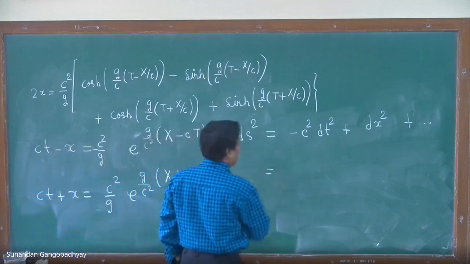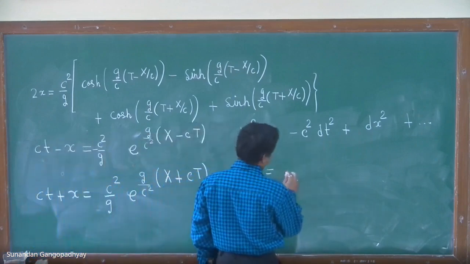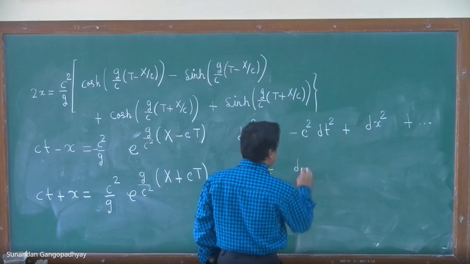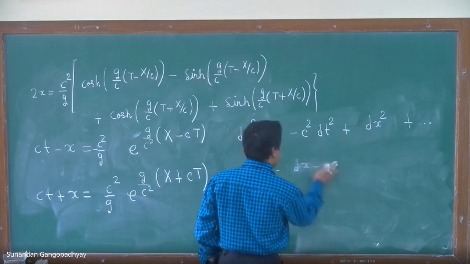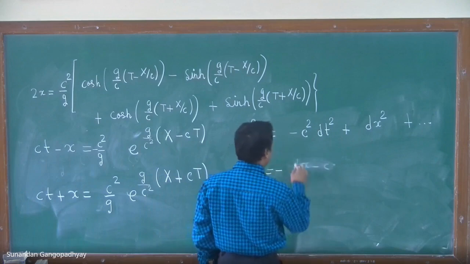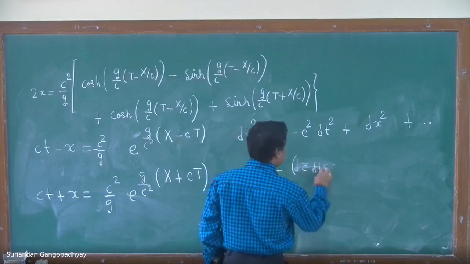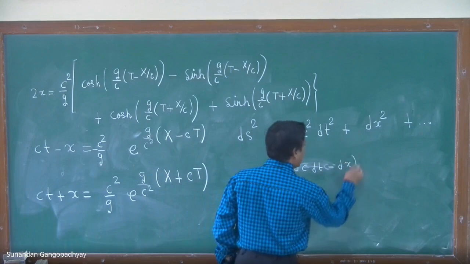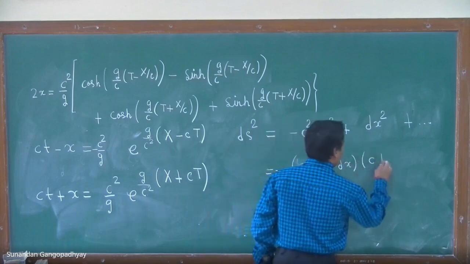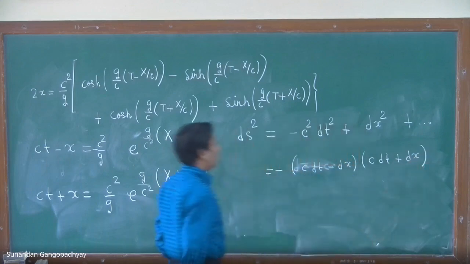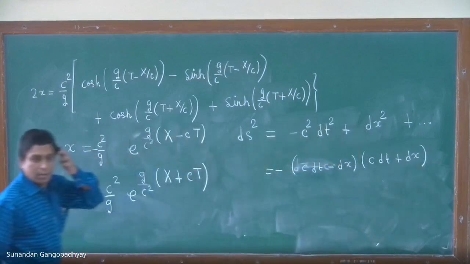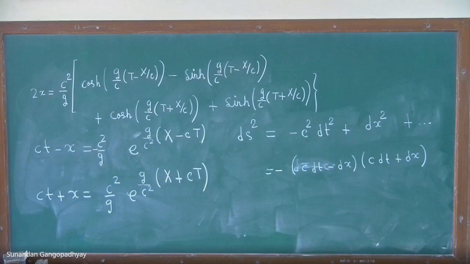This you can write down as dx minus c dt, or with a minus sign taken out, c dt minus dx and c dt plus dx. This is the line element in the inertial frame.